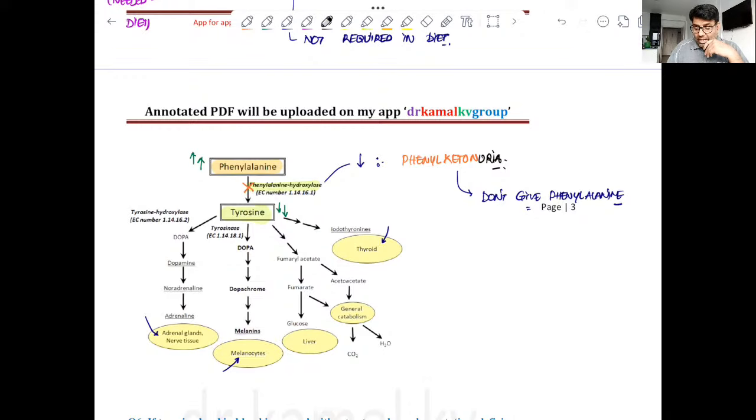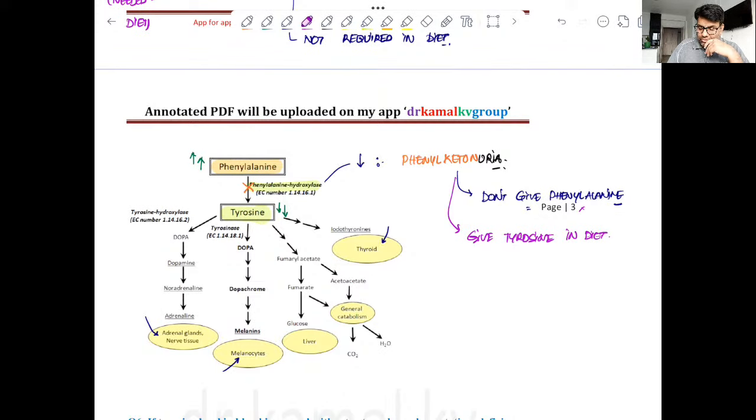But we just read that phenylalanine is needed for conversion to tyrosine. So if you're not giving phenylalanine, what do you need to do? You need to give tyrosine, or you need to supplement tyrosine. So give tyrosine in diet, because the usual mode of derivation of tyrosine is not happening.